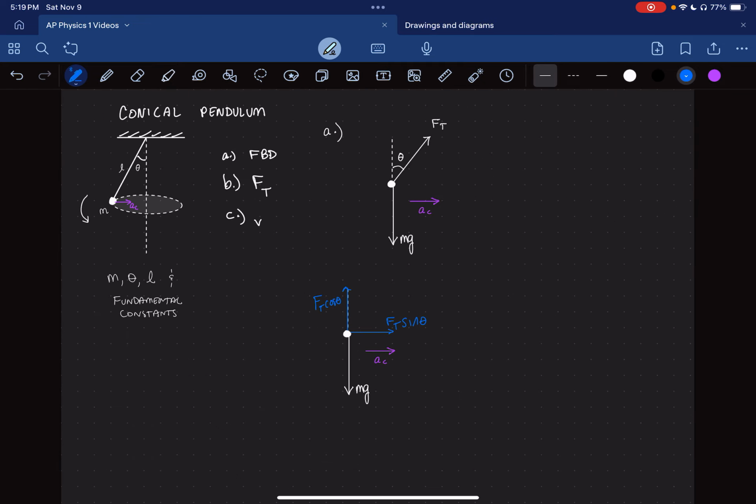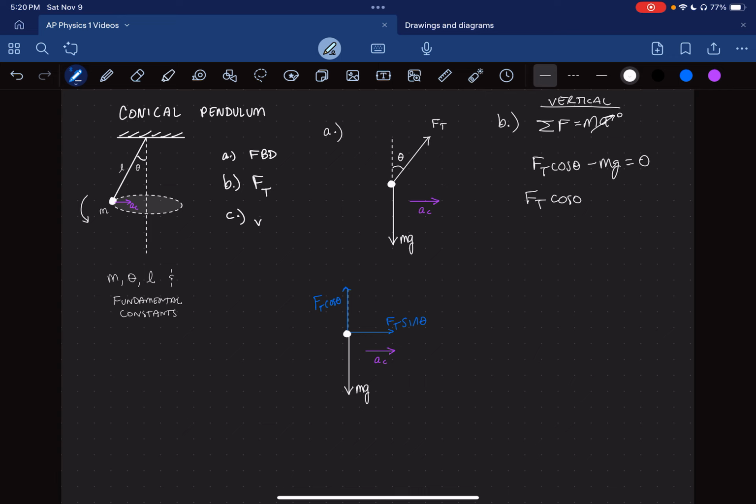So let's do part B. So what is the tension force? Well, I think for that one we'll do the vertical. Newton's second law. We can say there is no acceleration vertically. So it's ft cosine theta minus mg equals 0.